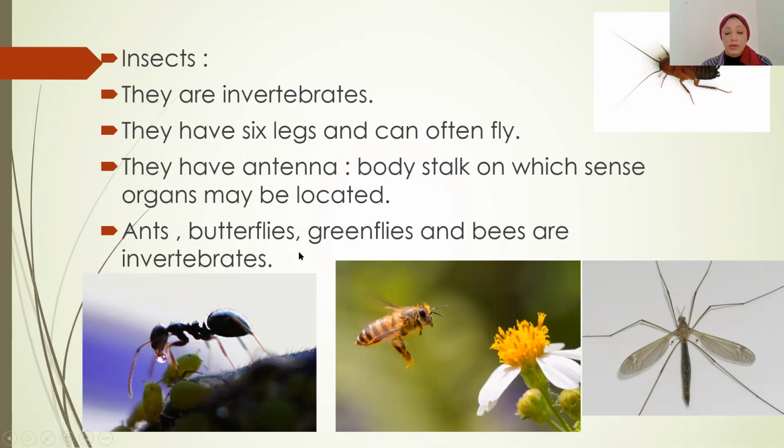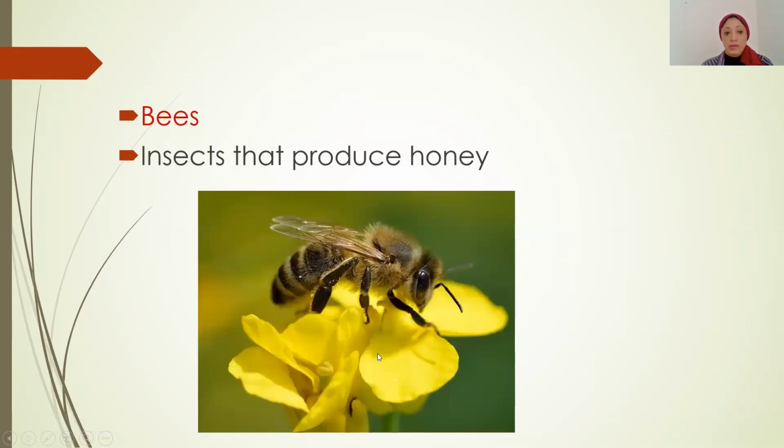The ants, butterflies, green flies, and bees are invertebrates. Bees are insects that produce honey. For each kind of these insects, there is a certain feature that characterizes this kind of insect.